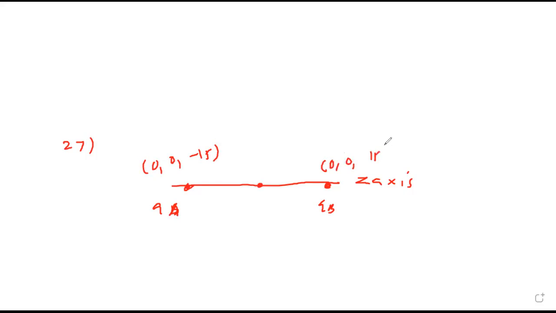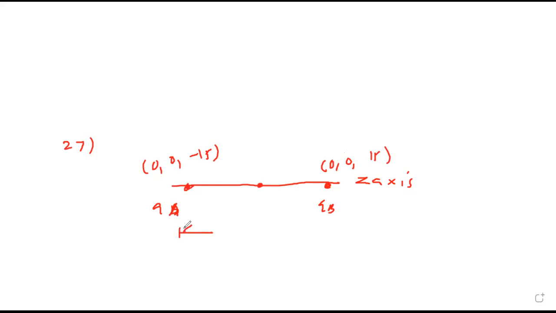Okay, I am doing it. If this is the z axis, then one charge is QB, the other charge is QA. QB is minus 0.25 and QA is plus 0.25. On the left hand side we have QB, on the right hand side QA, at distance 0, 0, minus 15 and 0, 0, 15 from the origin.